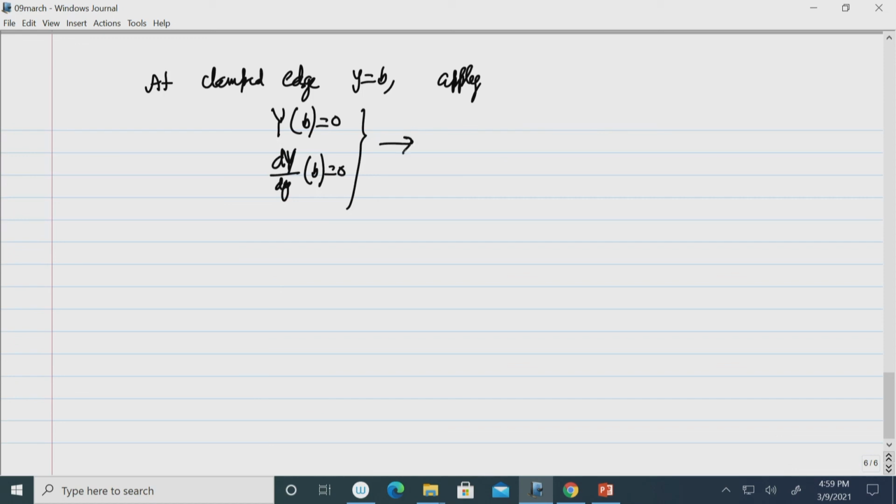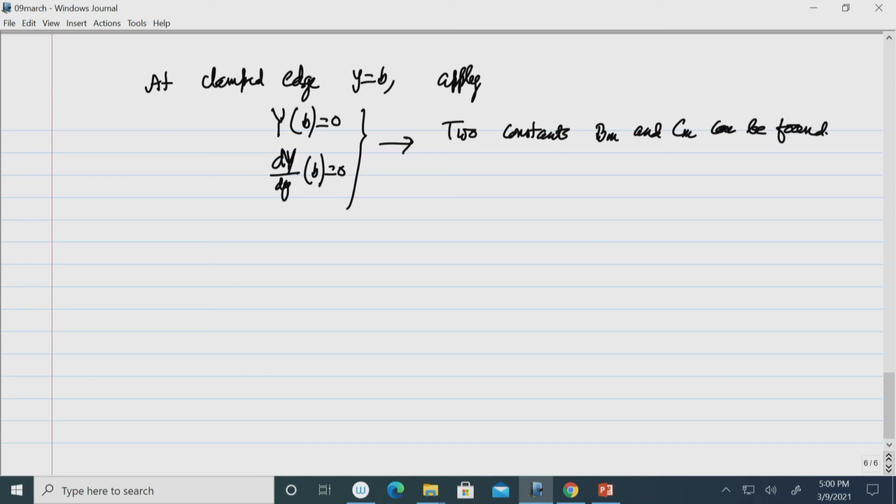So, using these two conditions, the other two constants, b_m and c_m, can be found. These two conditions will give you two equations again with b_m and c_m, because a_m and d_m are already evaluated. So, now you get the 4 constants of integration that resulted due to the unsymmetrical boundary condition.